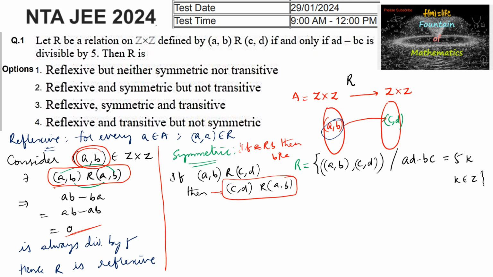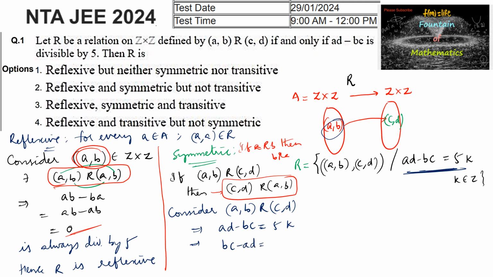So let us consider (A, B) is related to (C, D). As per the definition, AD minus BC must be divisible by 5, that is AD minus BC is equal to 5 into some constant k. Which implies we can also write BC minus AD is equal to negative 5 times k.